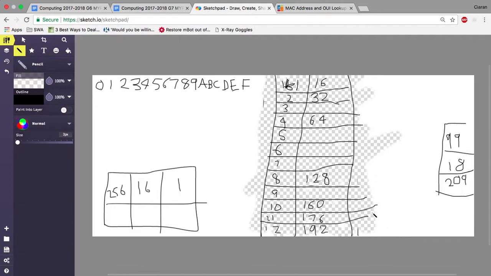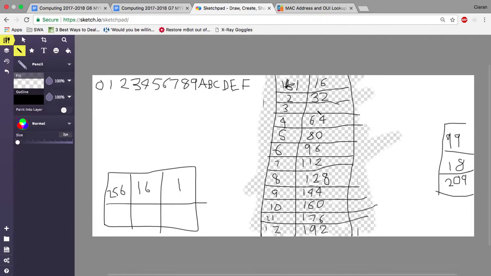Okay, so then 160 minus 16 gives us 144. 128 minus 16 gives us 112. 112 minus 16 gives us 96. 96 minus 16 gives us 80.